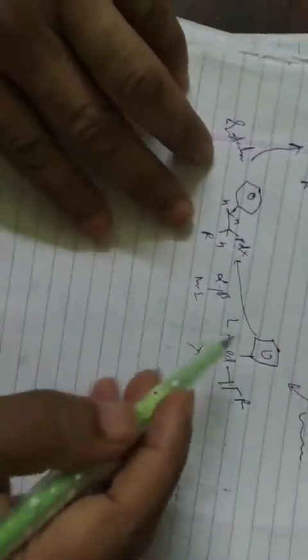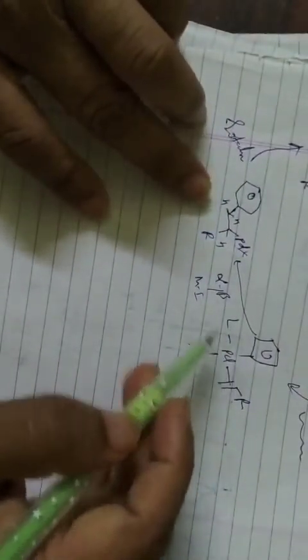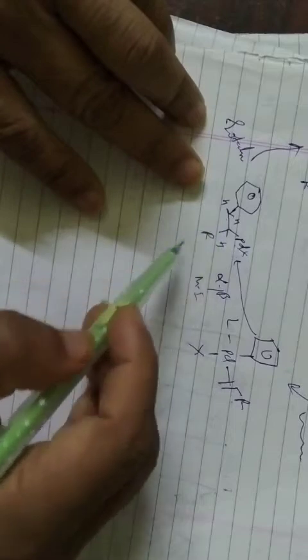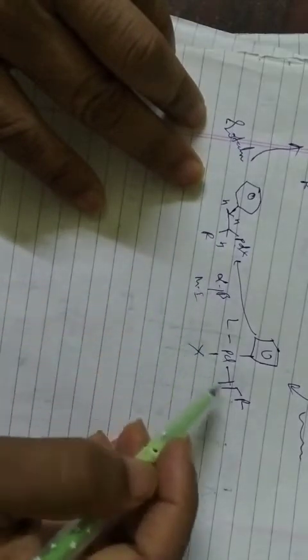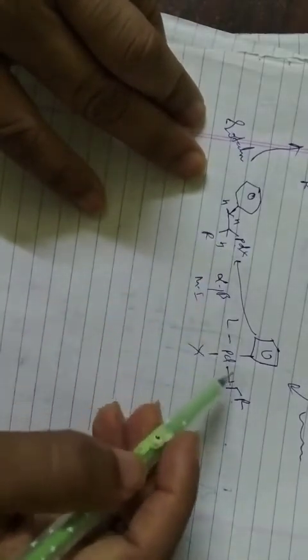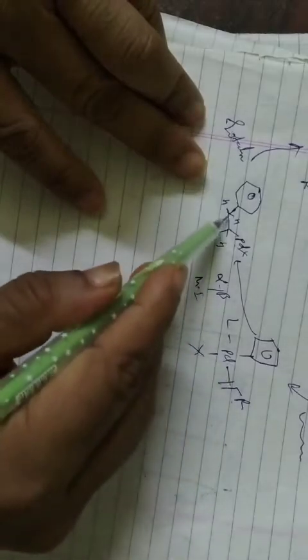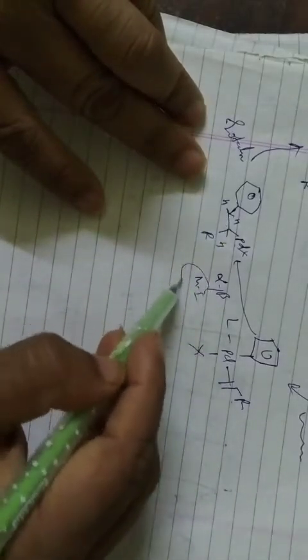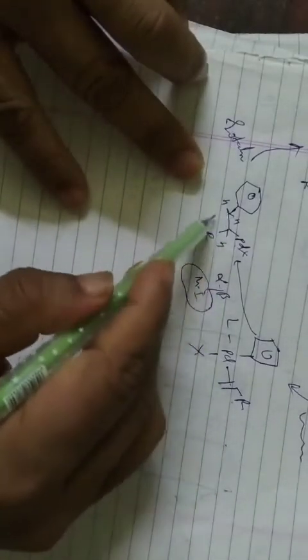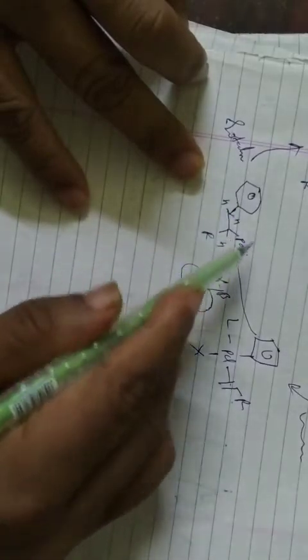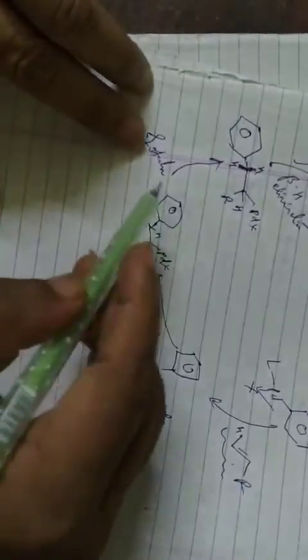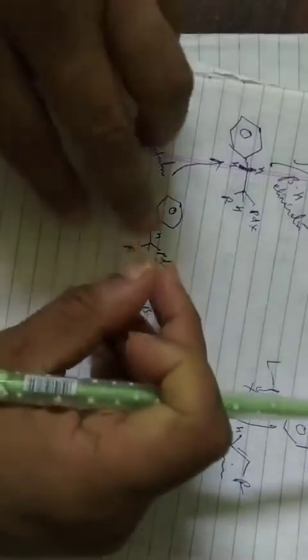Next, this undergoes alpha beta migratory insertion, and the double bond collapses because of this migratory insertion, and you are going to get this type of arrangement, this arrangement in a rotated way.